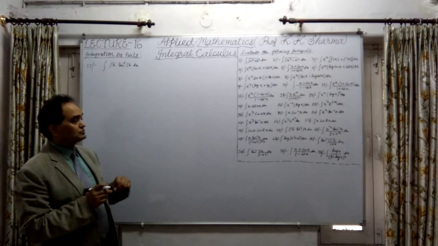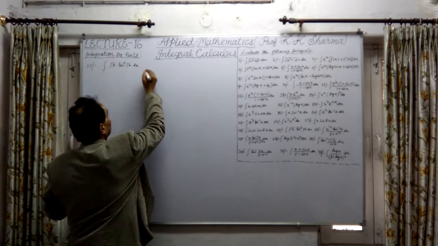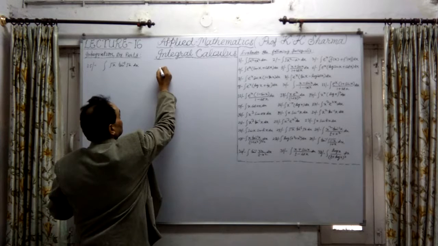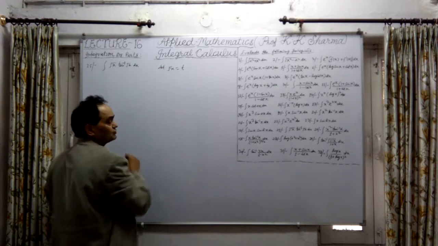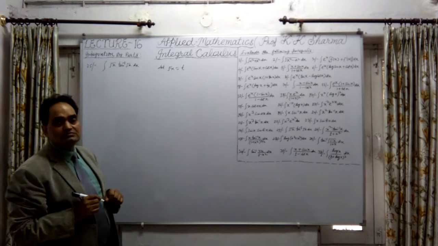In the 25th question, let me consider, for the same process we are continuing, the bypass method and substitution method as well. So in this case let under root x equal to t. Let me consider under root x, or x raised to power half, is equal to t.